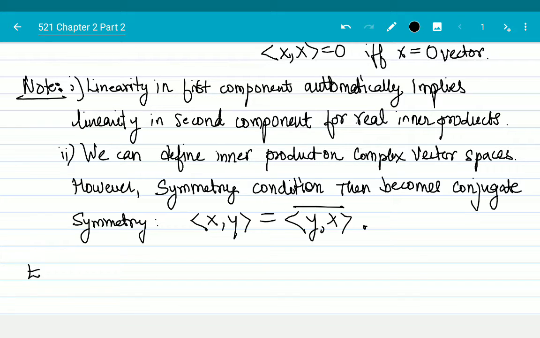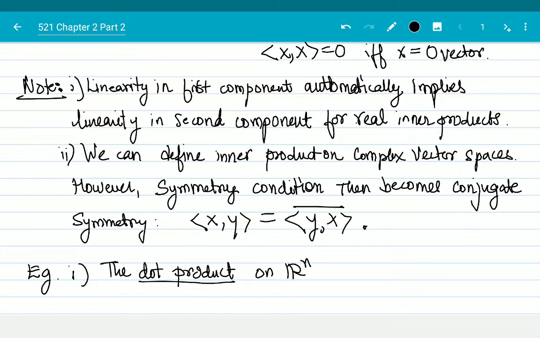Example. First, the dot product on R^n is an inner product.